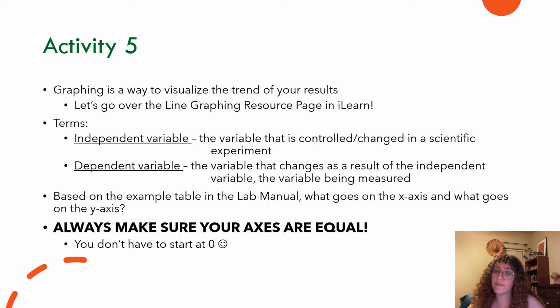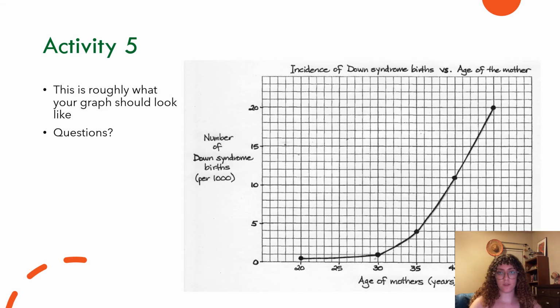So try graphing your data table set, or try graphing the sample data table on the line graphing resource page, and then check your answer with the graph that they have on there and see if you can get that down. This was, oh yes, I totally forgot.